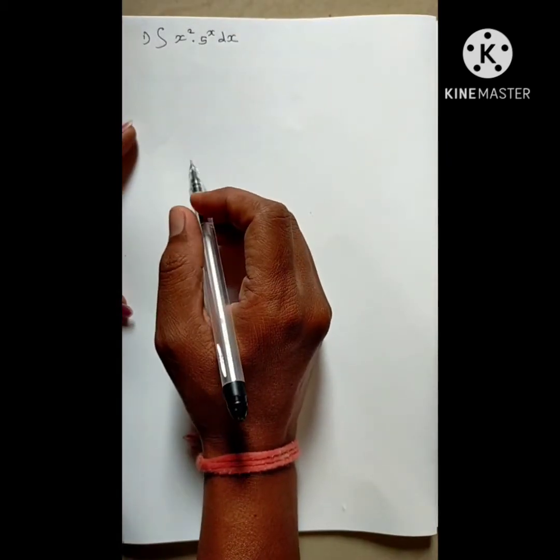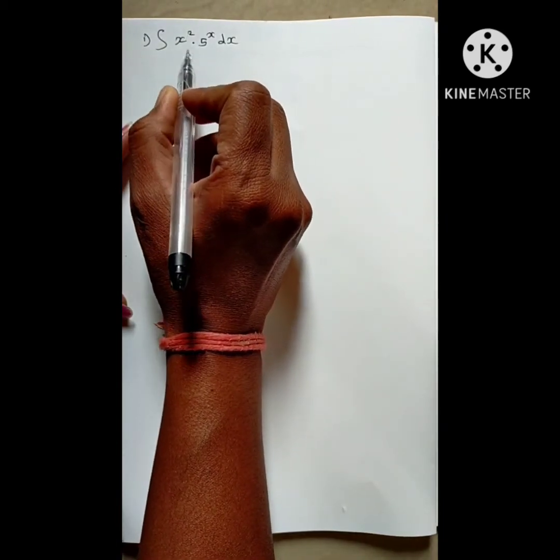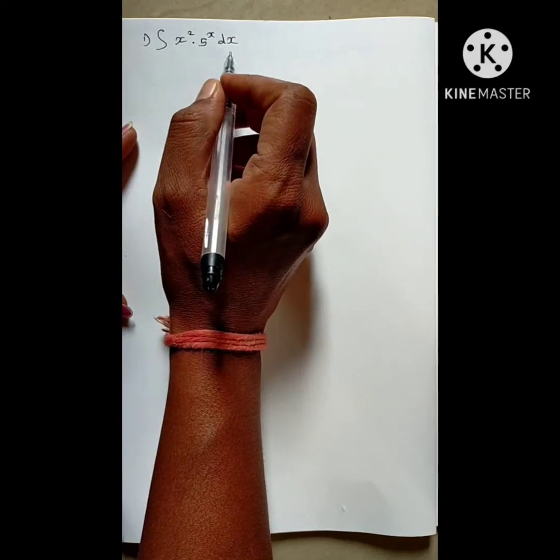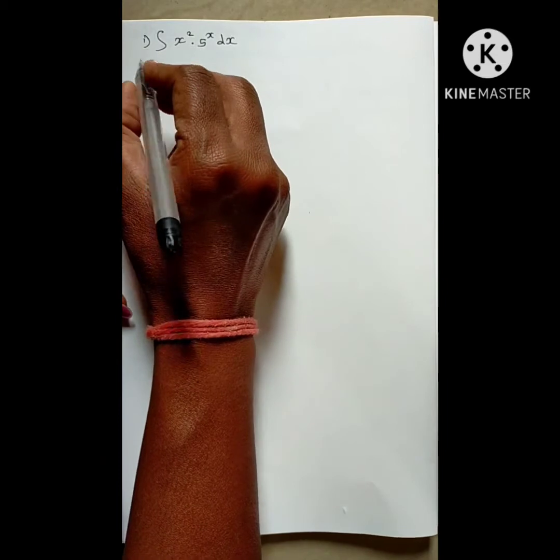Now we solve the example: integration x square into 5 raised to x dx. We have to solve this example using integration by parts.